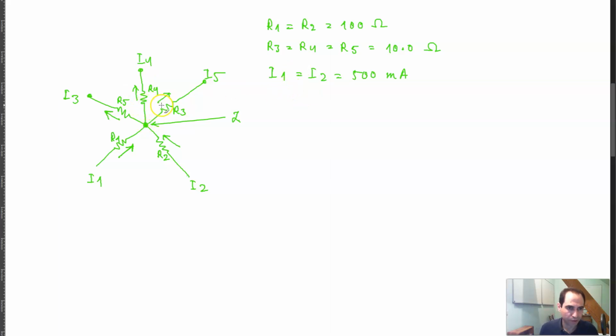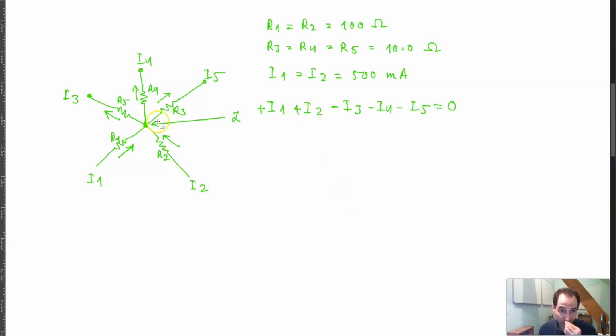Now, if we write a KCL equation for this node, we can say that I1 and I2 are going in, so I1 plus I2 is positive, and these three are going out, so minus I3 minus I4 minus I5 is supposed to be equal to 0.